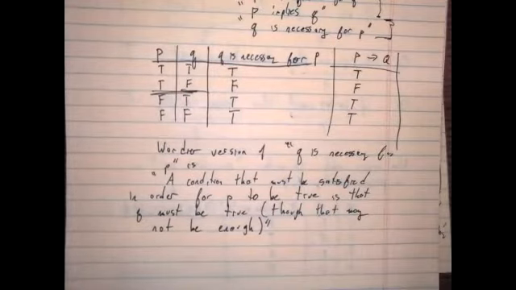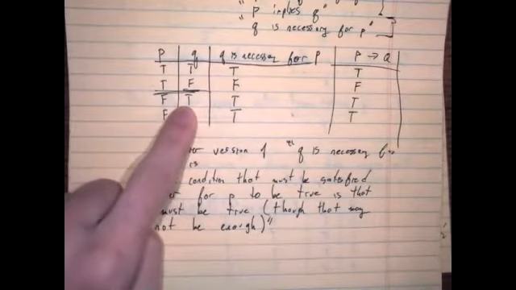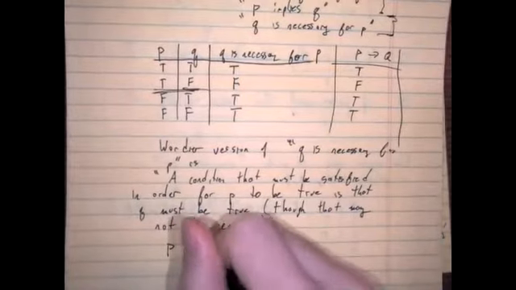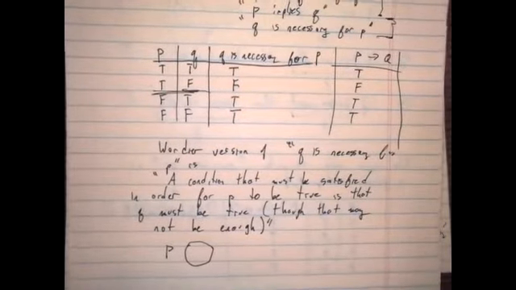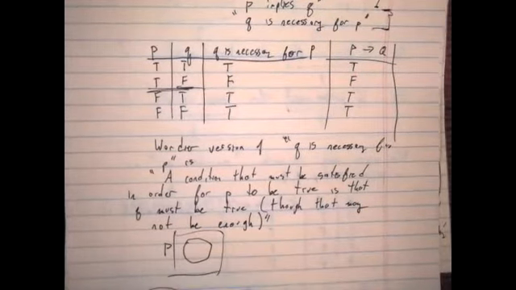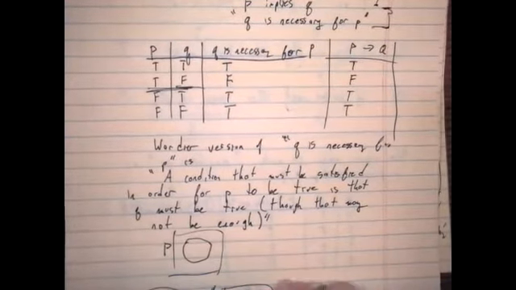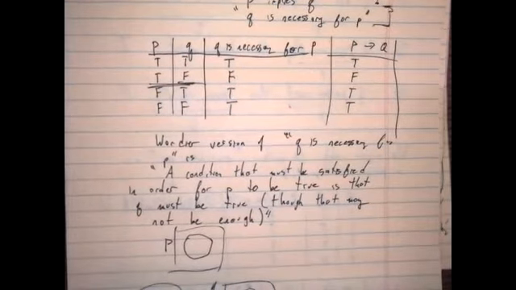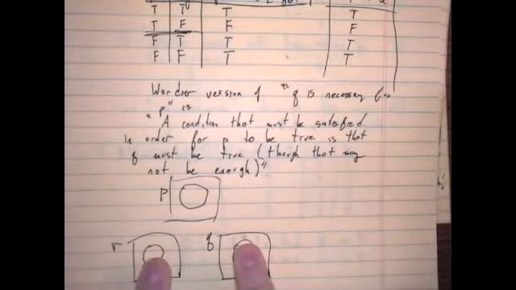Can I explain again why it is true when P is false and Q is true? Right, so think about the following. Let's think of P as a button that we can only sometimes push, but this button is only unlocked if two other buttons are unlocked, say a button called R and a button called Q. First you press this button, then you press this button.